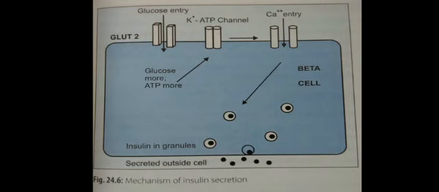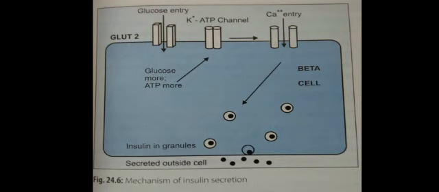A similar condition we had come across at the neuromuscular junction. You remember the acetylcholine release was a calcium induced exocytosis of the acetylcholine granules, where the neurotransmitter acetylcholine was released into the synaptic terminal. A similar situation arises here. So I think it's clear.